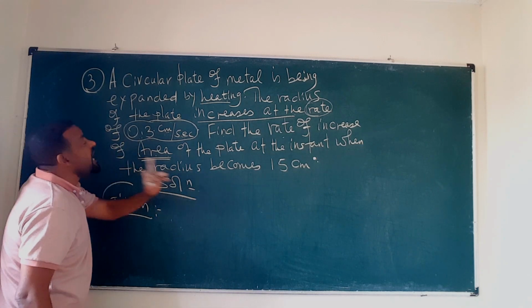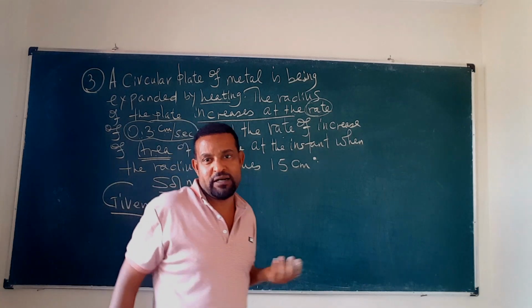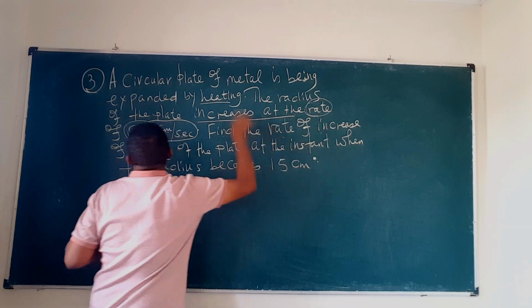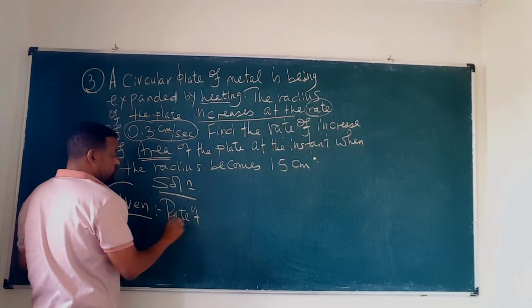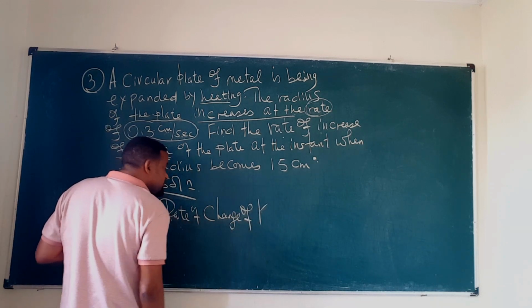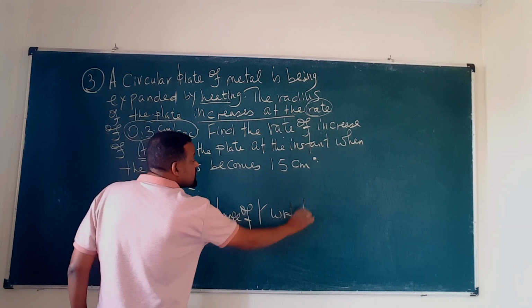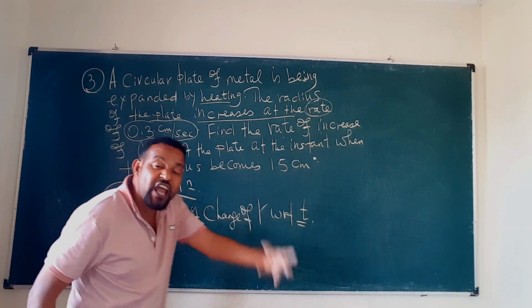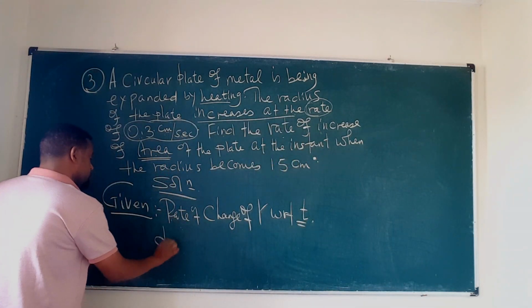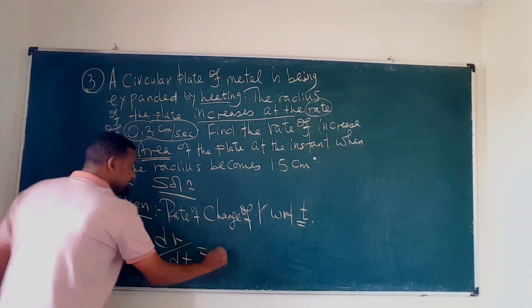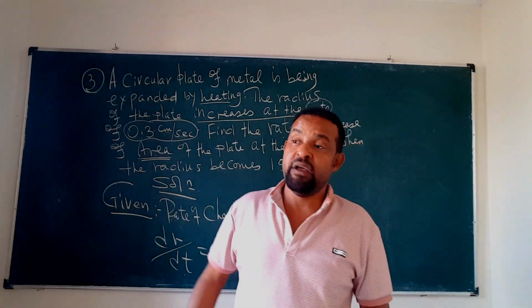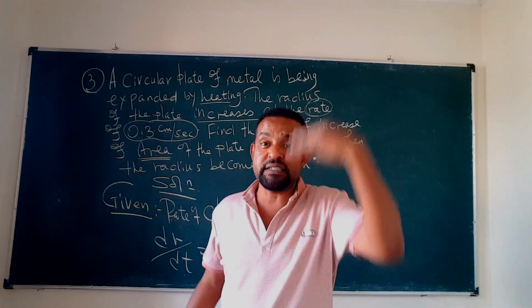The rate of change of the radius with respect to time is given, which is 0.3 cm per second. Earlier we said the rate of change of x with respect to y is dx by dy, and the rate of change of y with respect to x is dy by dx.